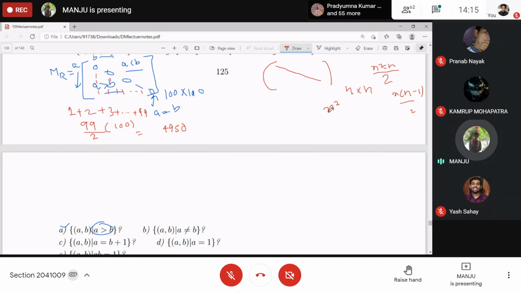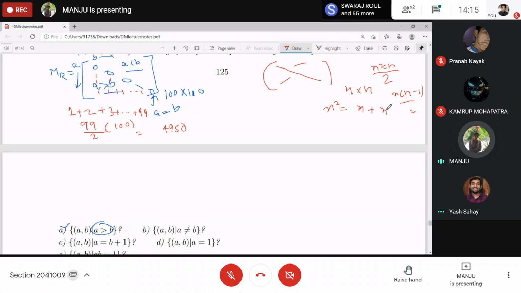Out of n square, how many are diagonal? Where i is equal to j, n of them: A11, A22, A33, A44, Ann. The remaining entries are n square minus n, above diagonal plus below diagonal.